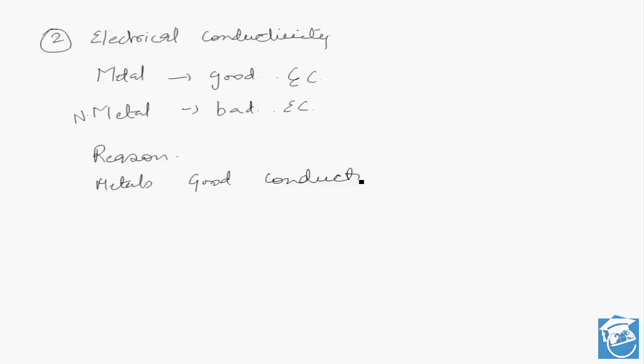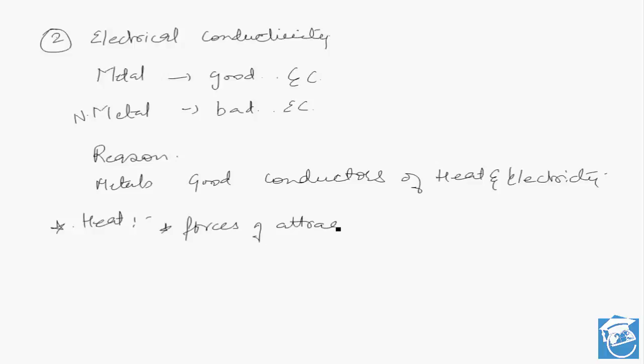So let's look at the reason why we say metals are good conductors of heat and electricity. Let's talk about the heat first. Why are metals heat conductive elements? Well, in metals, the forces of attraction between the particles are very strong, so the particles are tightly packed together.